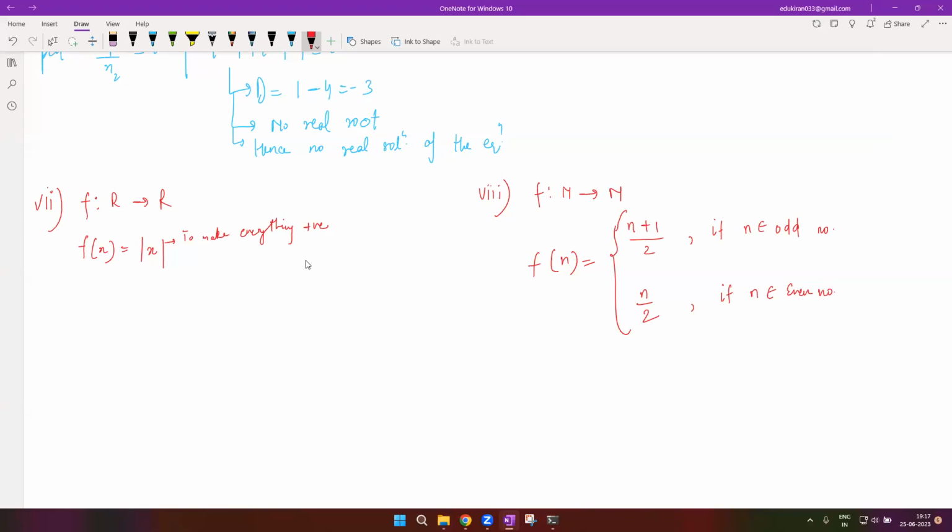And if there is a positive value inside this, then it has no effect on that, because its job is to only convert negative values into positive values. So we can easily identify that, but we have to solve this.